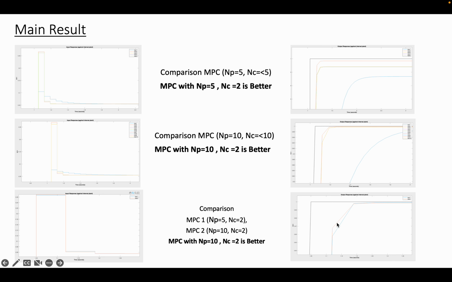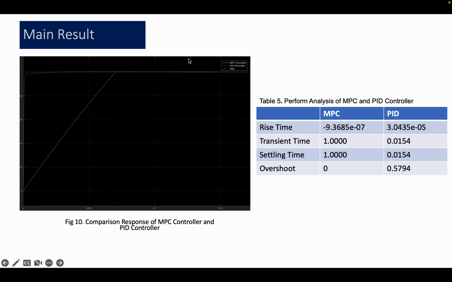NP10 is the red line, and the blue line is NP5. After that, I do the simulation and compare again with the PID controller. For the PID controller, I get this response in the blue line, and the red line is the step response, and the MPC controller is in yellow. From this response, I calculate the rise time, settling time, and overshoot.